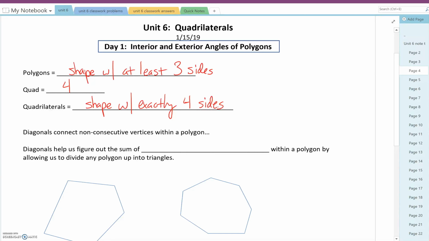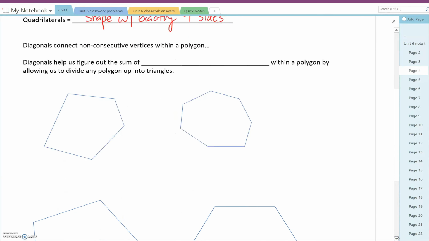But before we talk about quadrilaterals, we're going to talk just about polygons of all shapes and sizes today, and more specifically about their interior and exterior angles. Interior angles are the angles on the inside of a polygon. And the way we figure out how many degrees there are inside of a polygon is to draw something called a diagonal. Actually, we're going to draw more than one diagonal most of the time.